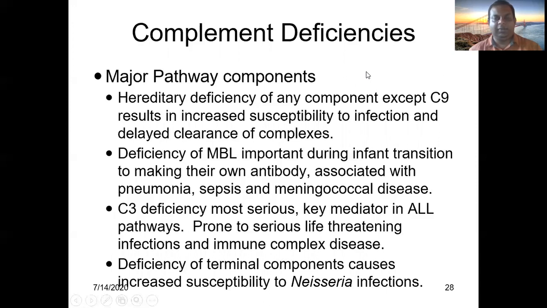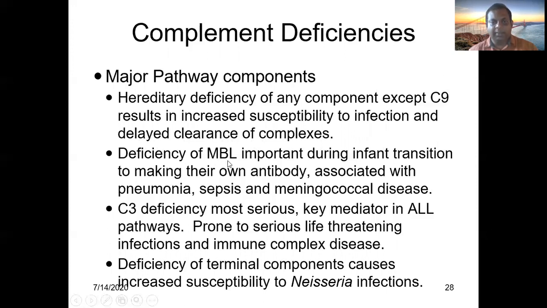So there are deficiencies. Some patients are born with inherent deficiencies of major pathway components. Deficiencies can exist from C1 to C9, maybe single, maybe multiple. They are more susceptible to infection and have delayed clearance of complexes, associated with glomerulonephritis.